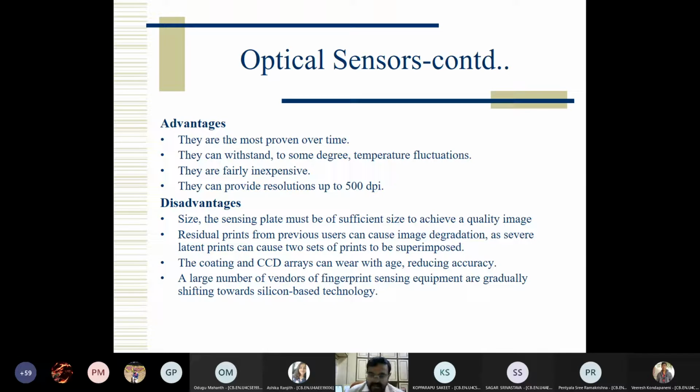And then another issue: of course, when this slide was made, COVID was not known about. Now you know that through these optical sensors, COVID can also spread. You put your fingerprint, you're infected, another person puts the fingerprint, and obviously it gets transferred.